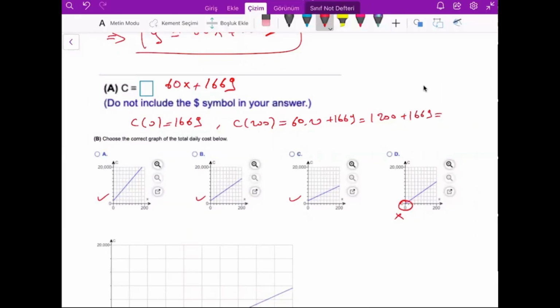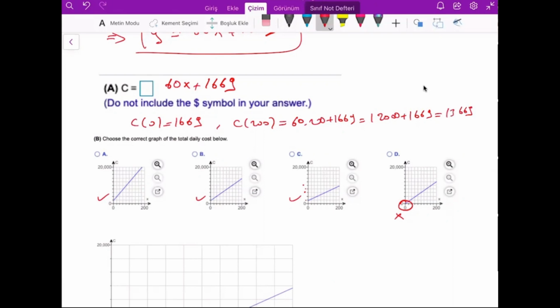So the answer is 13,669. Okay, so which one is at that point? No, you wrote wrong. Yes, this is 200. Okay, thank you. 200. Now this is correct. 13,669.